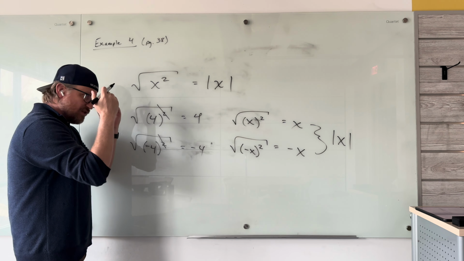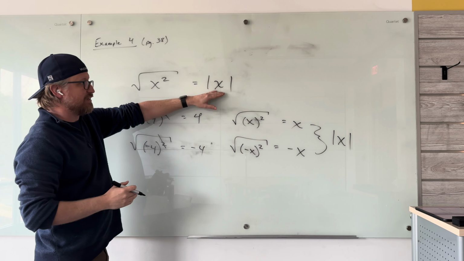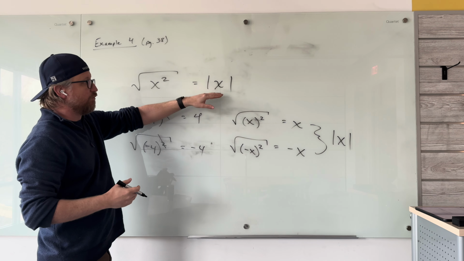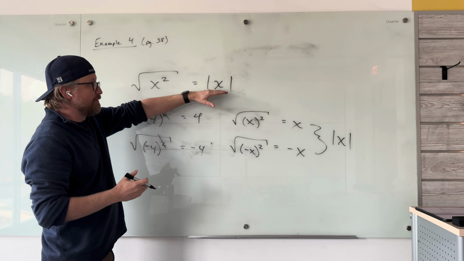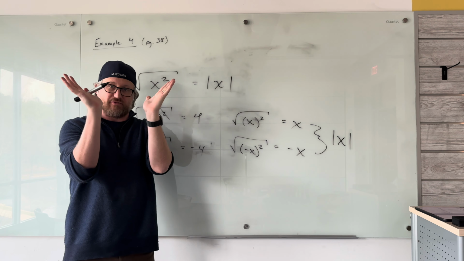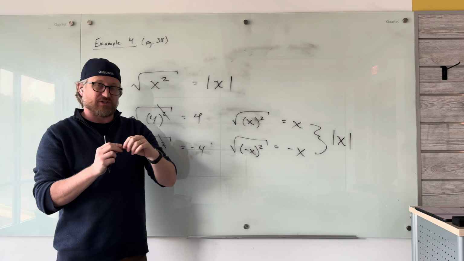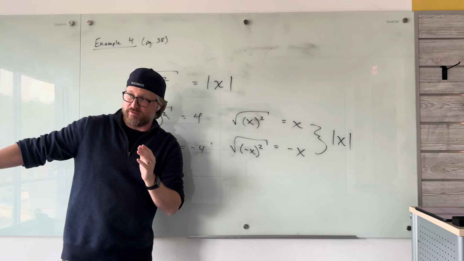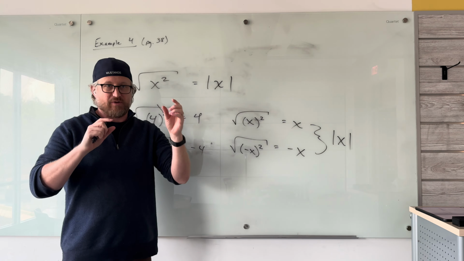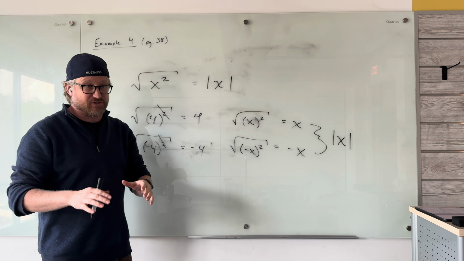And if you remember when we were looking at this limit in some previous lessons, what x was approaching really mattered for the absolute value because we're looking at two different pieces. If x is going to infinity, then we're looking at the positive x. If x is going to negative infinity, we're looking at negative x. We have to pay close attention to the pieces that we're focusing on.